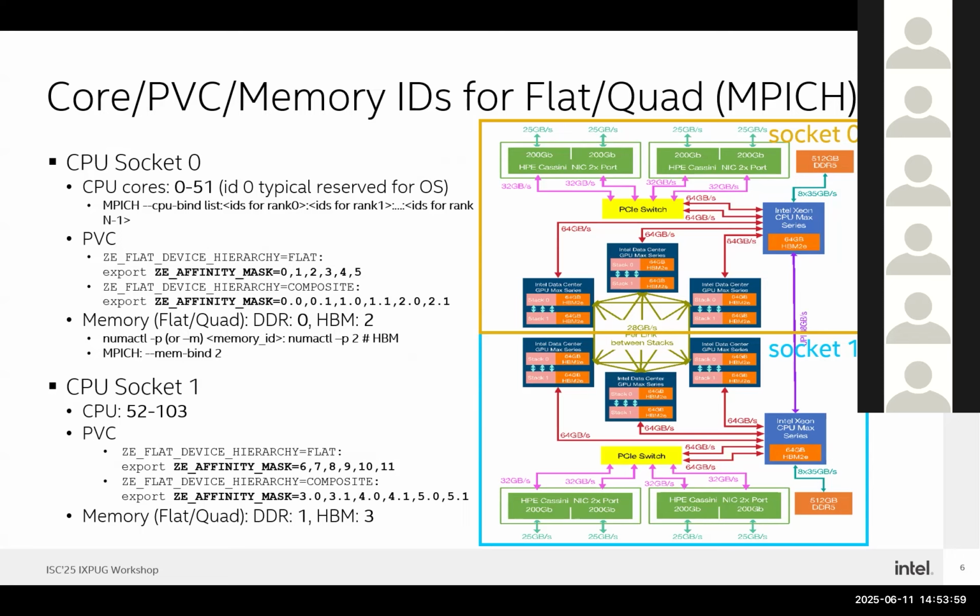So for flat quad mode, which is the default at Argonne, the DDR is labeled as 0 and 1, right? So 0 is for the DDR module in socket 0, and 1 is in socket 1. And then HBM is labeled as 2 and 3. So 2 is the HBM module on socket 0, and 3 is on socket 1.